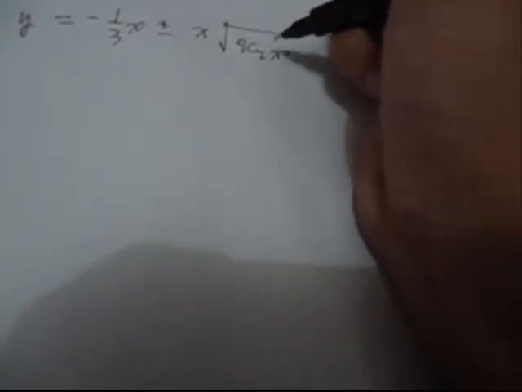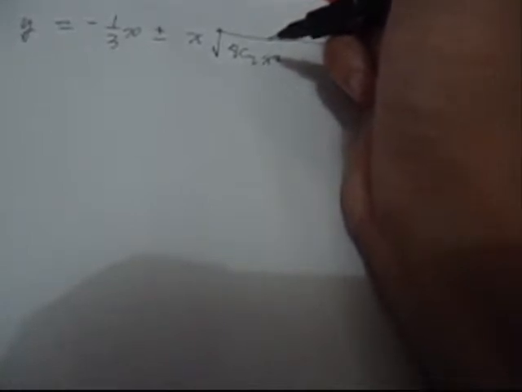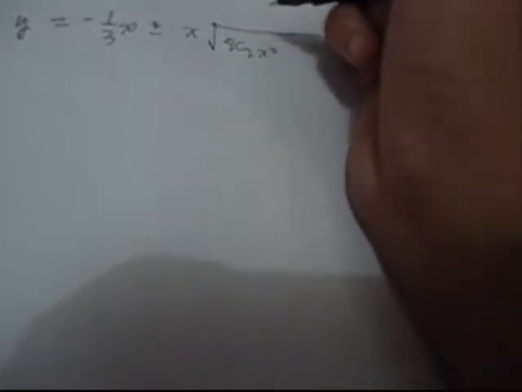Multiplying both sides by x, we got... oh, sorry, we still have a squared here. Sorry for that.